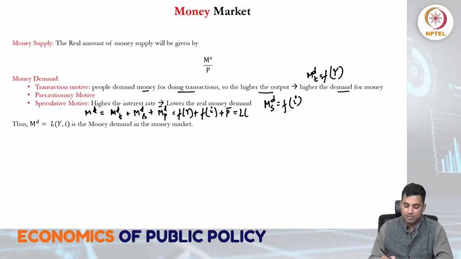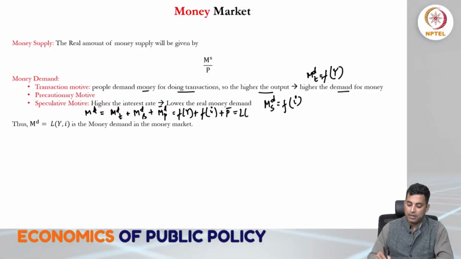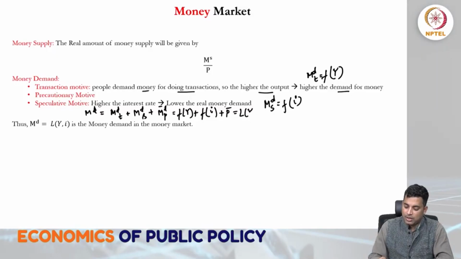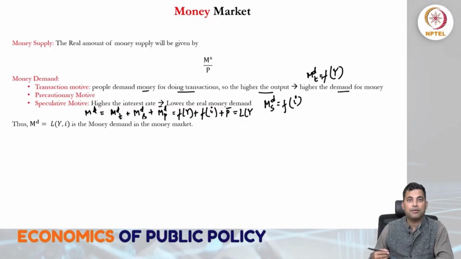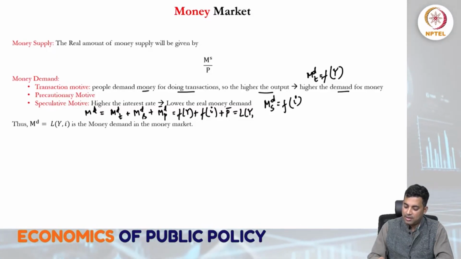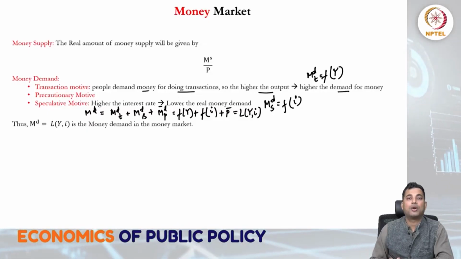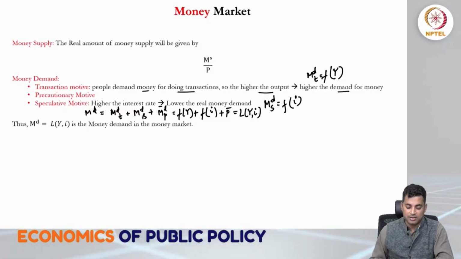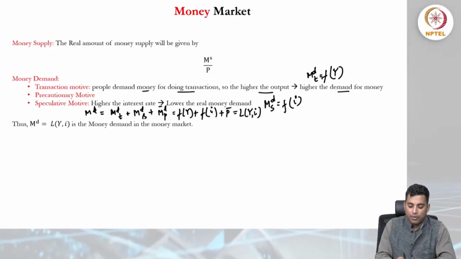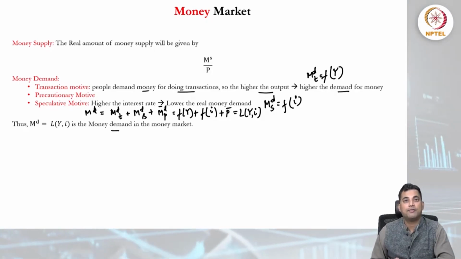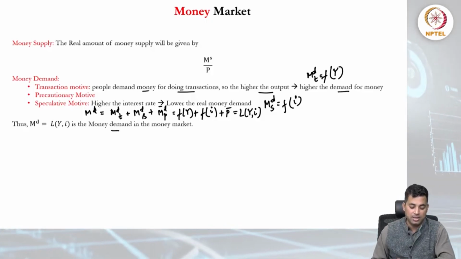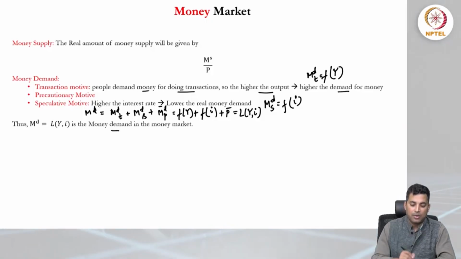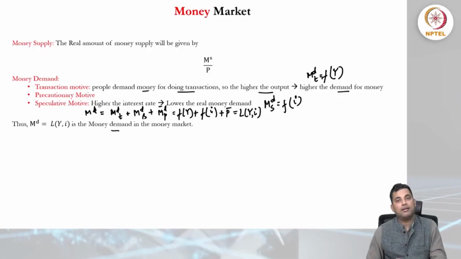Here L represents liquidity, and it is a function of total output, which is for the transaction purposes, and small i, which is the rate of interest for the speculative demand for money. Therefore the overall total money demand function can be written as MD equals L(Y, i) in the money market.